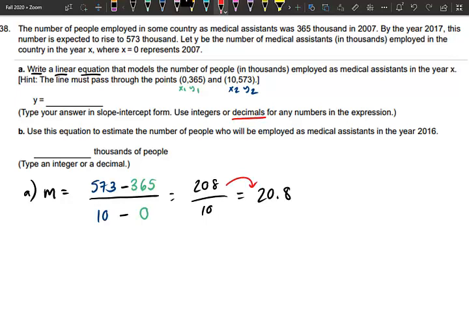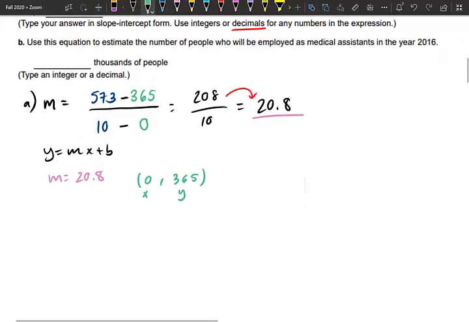Alright, now let's go ahead and find our y-intercept. For our y-intercept, we use y equals mx plus b. So we need our m that we just found of 20.8, and we need x and y. You can use any point that you have, but I'm going to use (0, 365) because those are smaller numbers. Then we plug them in.